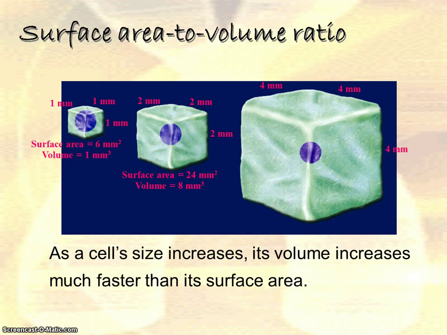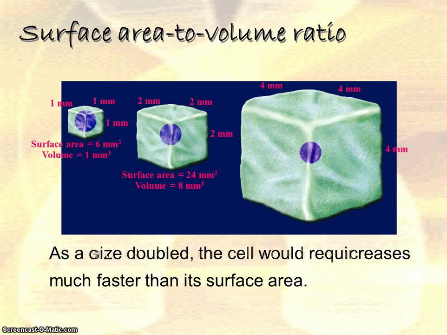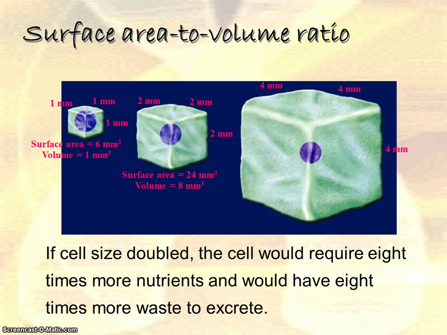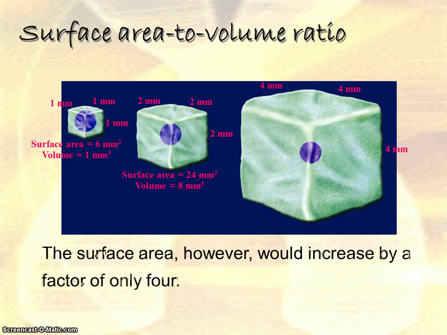If you take this picture, for example, as the cell size increases, its volume also increases, and volume means the space inside of it. Okay. Also, the area around it is going to increase. All right. When the cell size doubles, for example, it's going to require 8 times more nutrients, 8 times more waste to get rid of. It's going to need more energy to use those nutrients and to get rid of that waste.